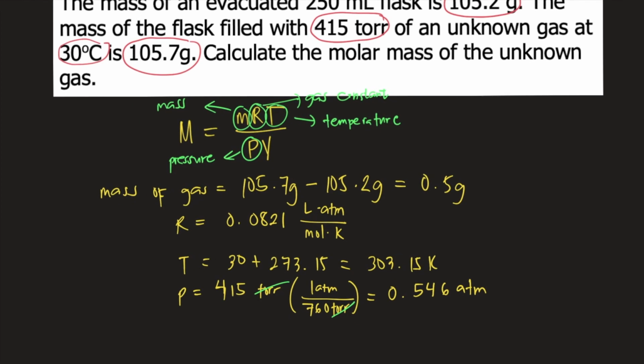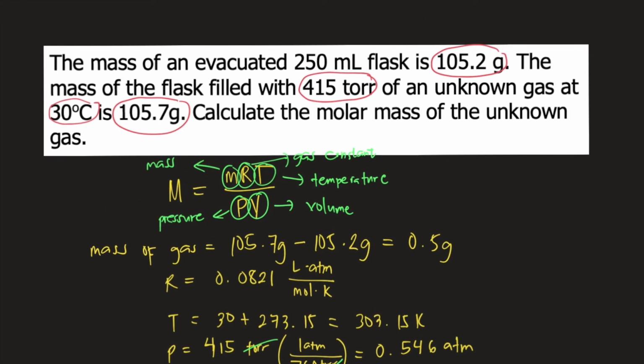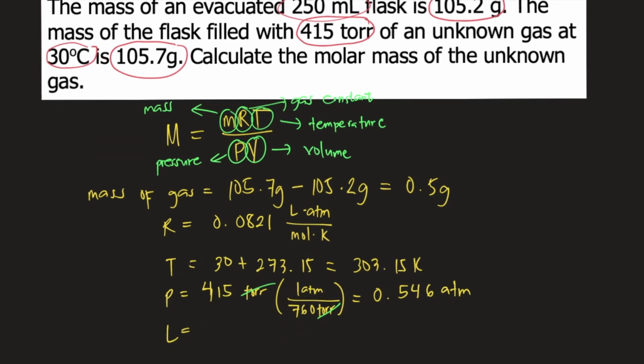And V, of course, is volume, and the unit must be in liters. So the given volume is 250 ml. We need to convert that into liters.